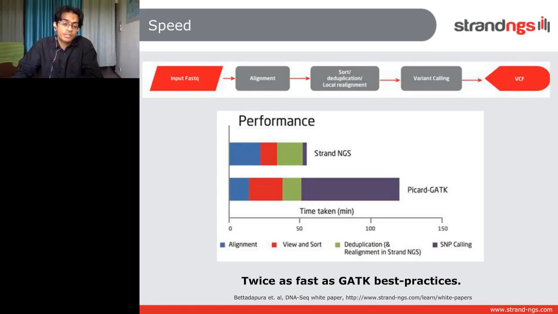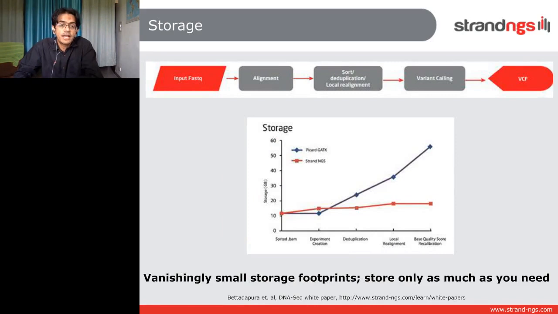The storage, now, this is another aspect which is very important, because every time you run a stage in DNA-seq with typical workflows, you're incurring an incremental increase in the amount of data that you store, because every additional file doubles essentially what you had before. So it adds on the same size as you had before.